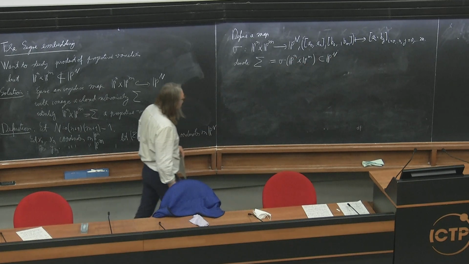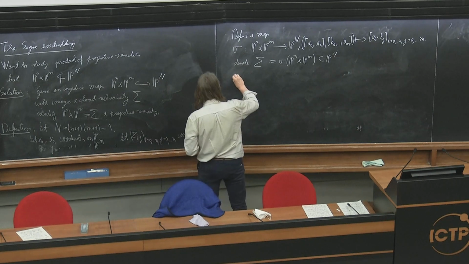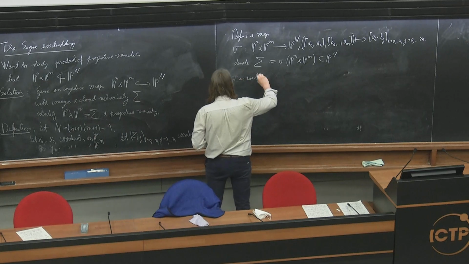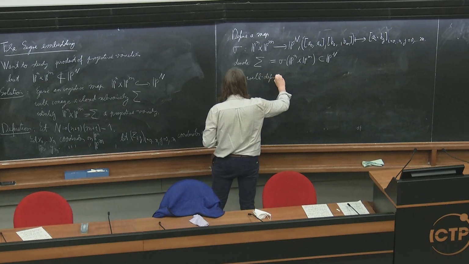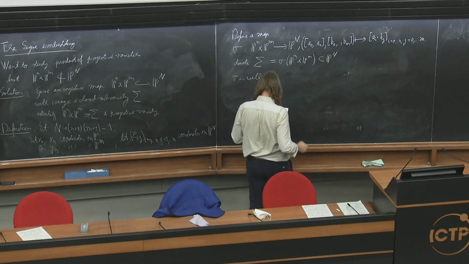First, maybe we should make sure this map is actually well defined, but that's basically trivial. So sigma is well defined, because if we take other representatives, we get the same result.